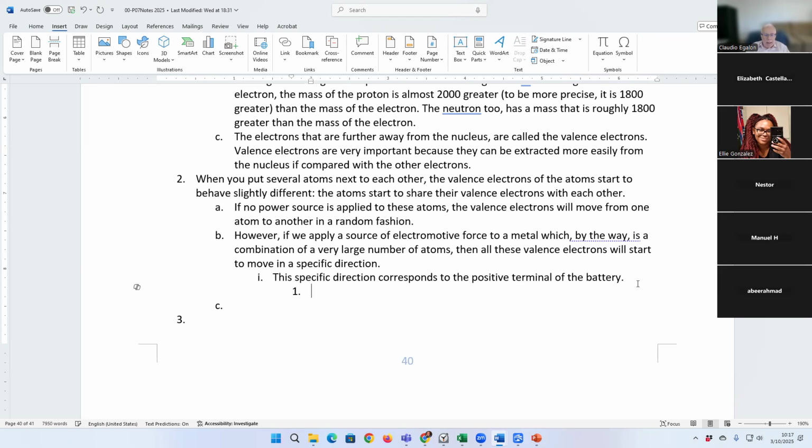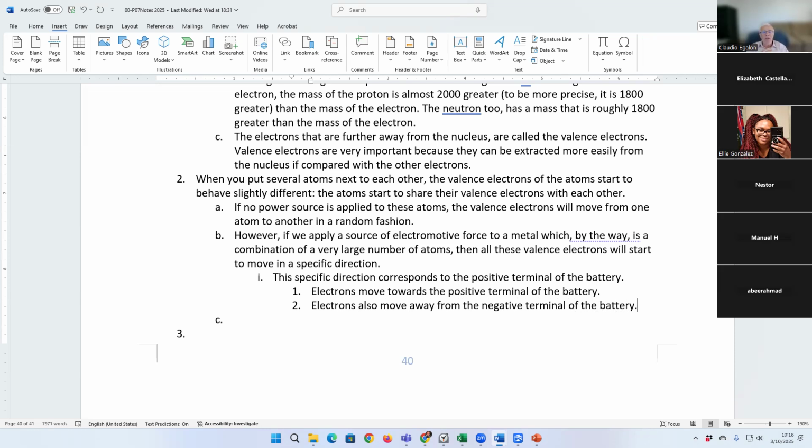So electrons move towards the positive terminal of the battery, right? Not only that, electrons also move away from the negative terminal of the battery. And there is one more thing.